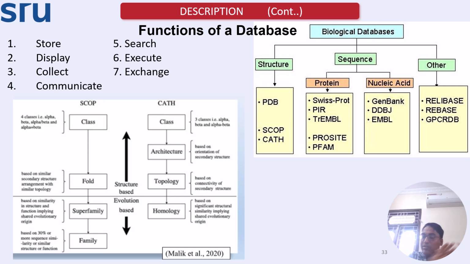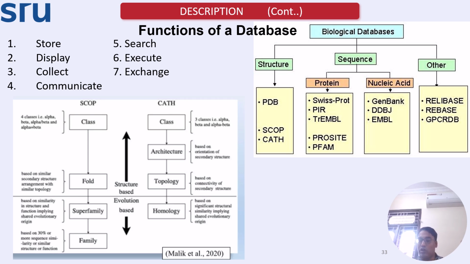That is arranged the same way in different proteins. So I'll say this 7 helix bundle is present as a fold. This is an important fold existing in nature but may be present in different functions. So it is based on similar secondary structure arrangement with the same topology. Topology is a mathematical term, meaning the same arrangement.